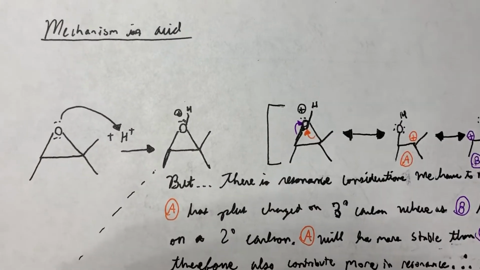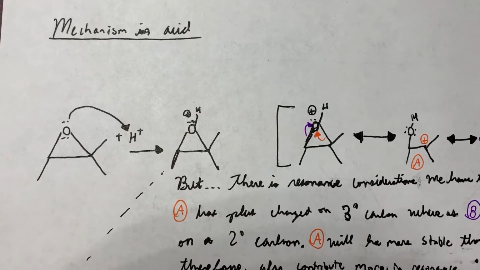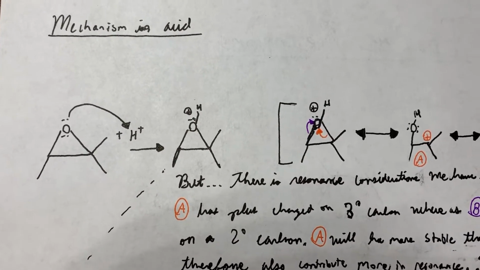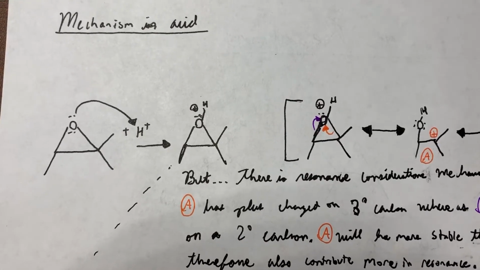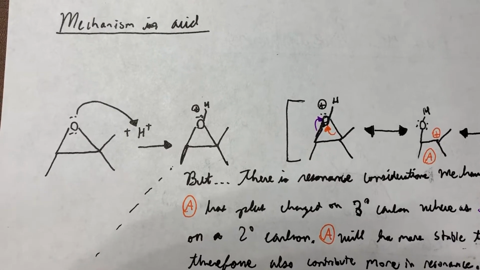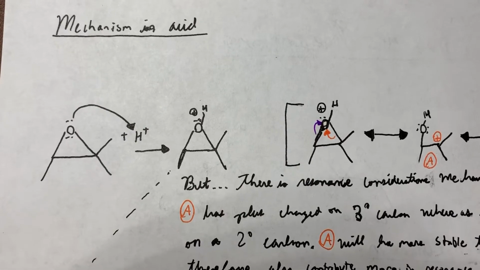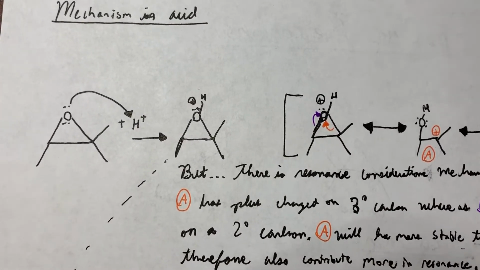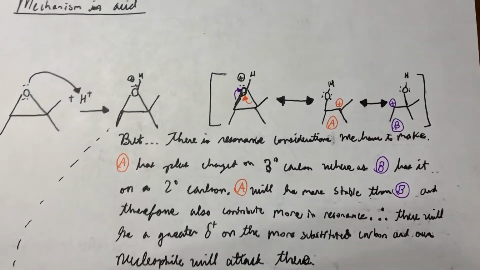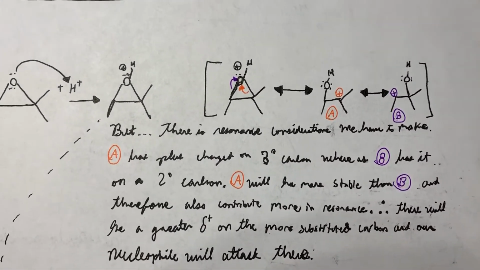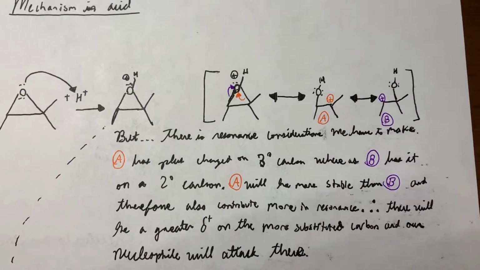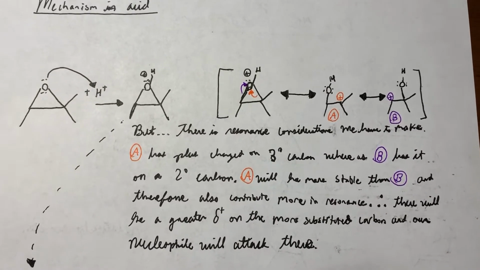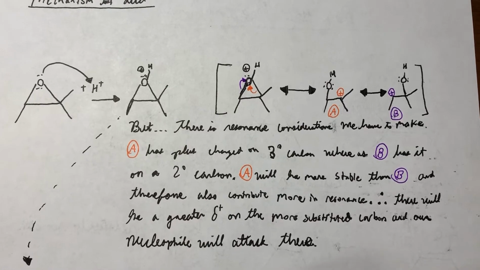So if we have an acidic solution, obviously there's going to be a higher concentration of hydronium ions, right? So what's likely is that the epoxide will get protonated and we'll end up with this intermediate. So we have to consider the resonance forms of the ion in order to know which carbon the nucleophile will attack.